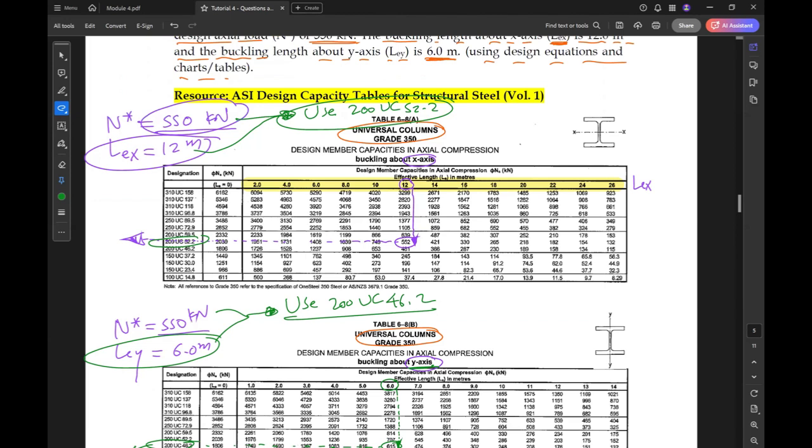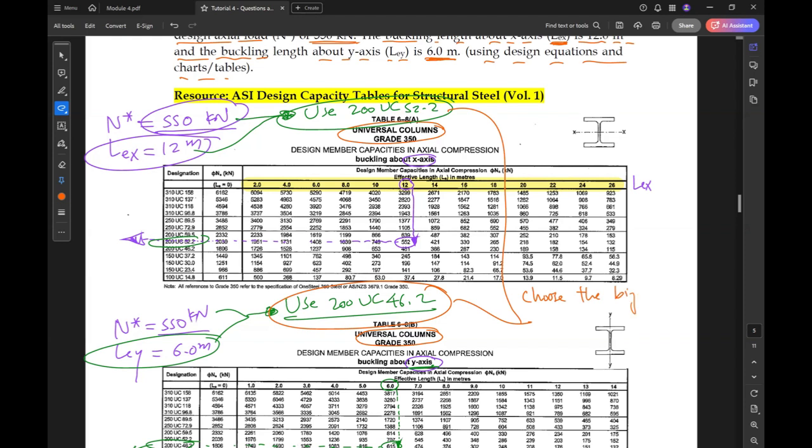Which one of them should we use? We have two sections now. Which one to use? The biggest one. Choose the biggest one.